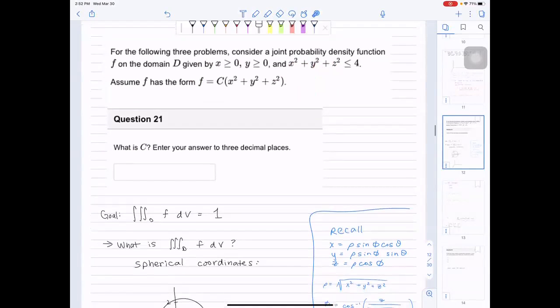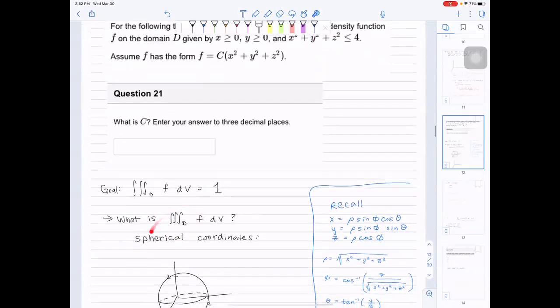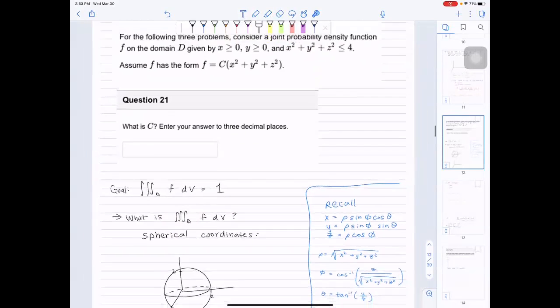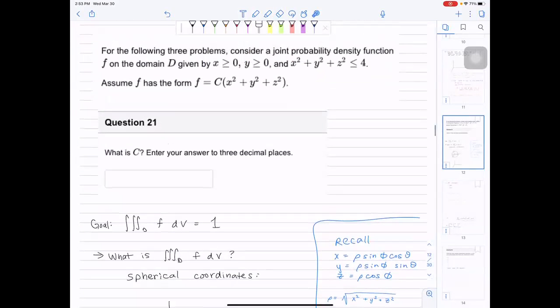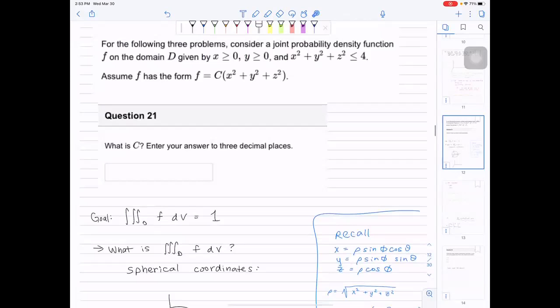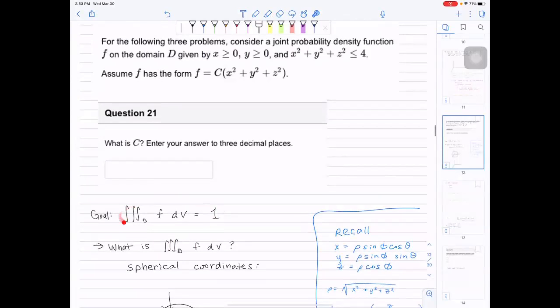Now we have a trick: we can compute that integral much more easily because we can rewrite it in spherical coordinates. So if we were given this domain and our function, we want the triple integral of f equal to 1. Any suggestions for the bounds of our triple integral?